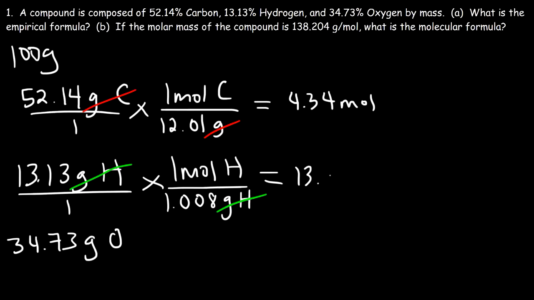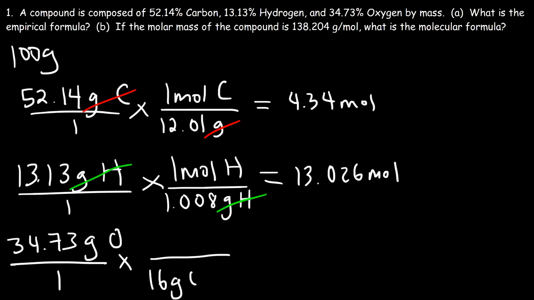So this will give us 13.026 moles of hydrogen. Lastly, we have oxygen, the molar mass of which is 16 grams per 1 mole. So 34.73 divided by 16, that's 2.171 moles.